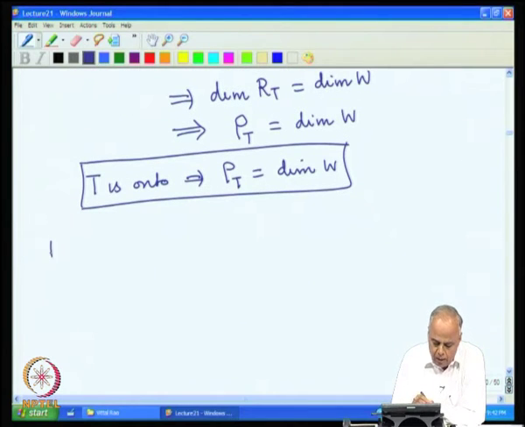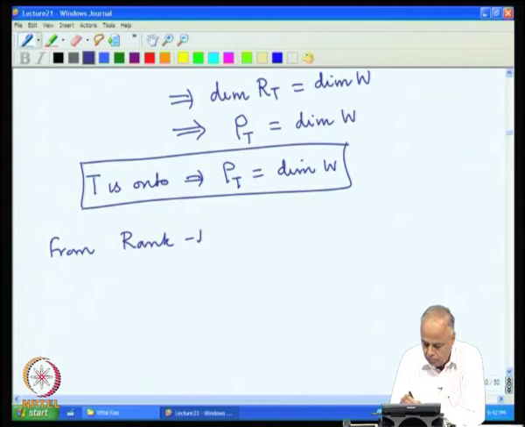We also had from the rank nullity theorem, what does the rank nullity theorem say?